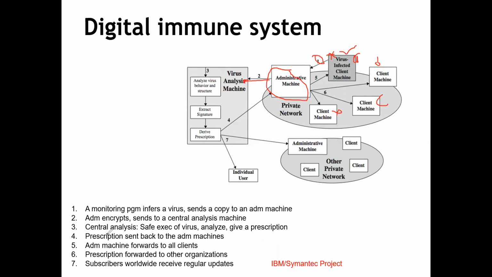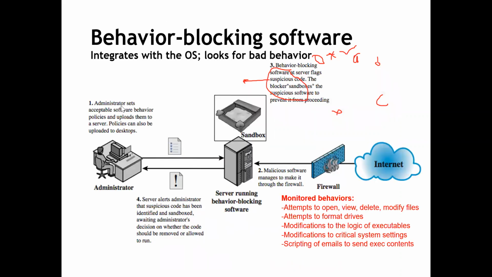So this is just a digitally immune system, basically trying to show us how a system can build its immunity when a virus attacks through one machine to get into the others. We have behavior blockers, and that's why it's very important for us to always have all forms of antiviruses and even these behavior blockers.